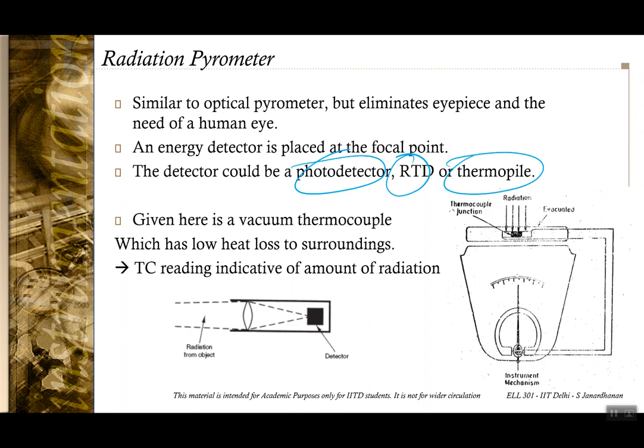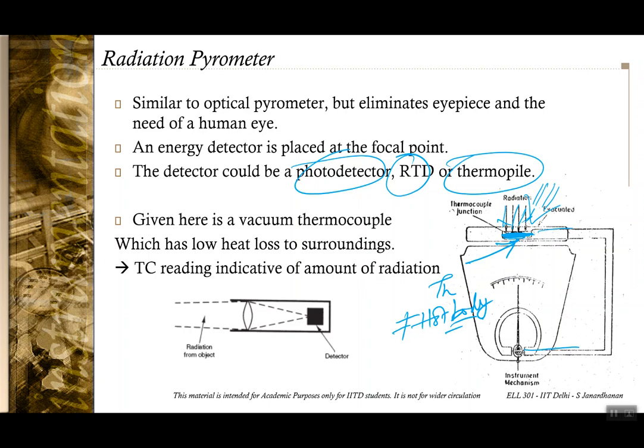Here in this figure, what you have is a vacuum thermocouple. So there is radiation coming in that heats up the thermocouple's hot junction, and there is an appropriate reading that is being measured. Note that the temperature to which this hot junction is heated up is not the same as the temperature of the hot body. This hot junction's temperature is indicative of the amount of radiation that is falling.